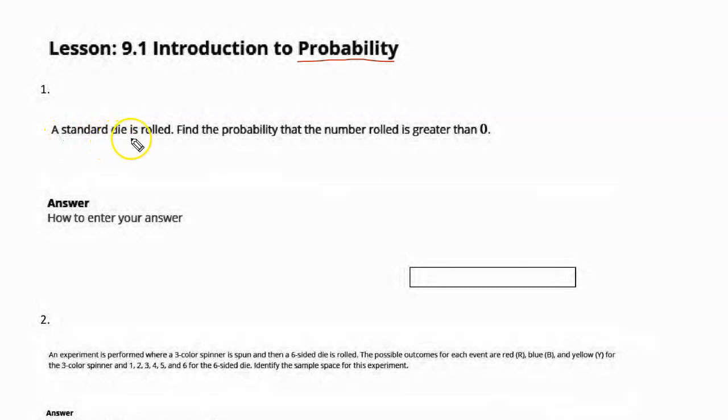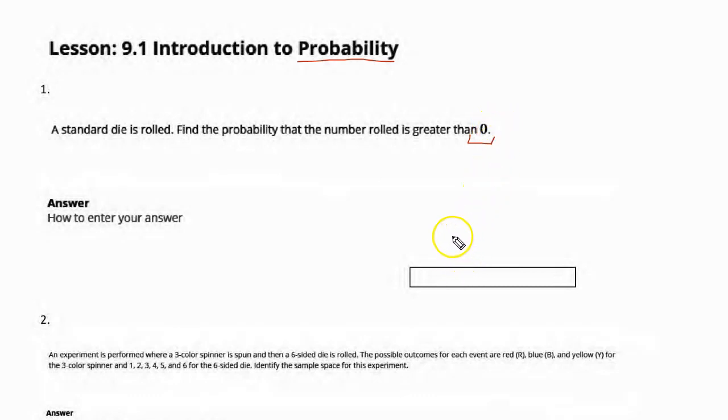Now, a standard die is rolled. Find the probability that the number rolled is greater than 0. Well, there is no 0 on a die, so it has to be greater than 0 every time you roll it.